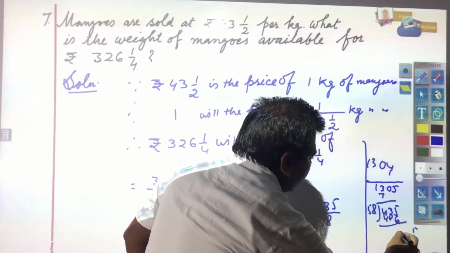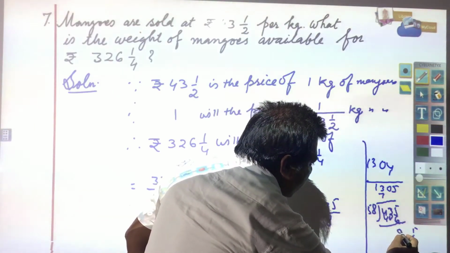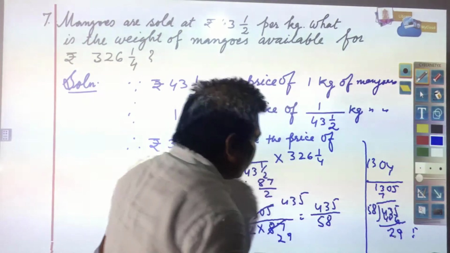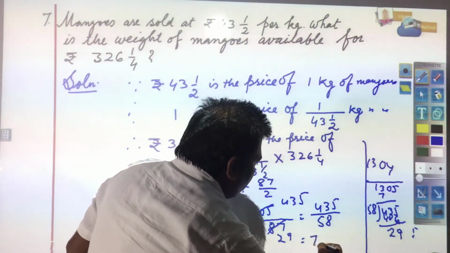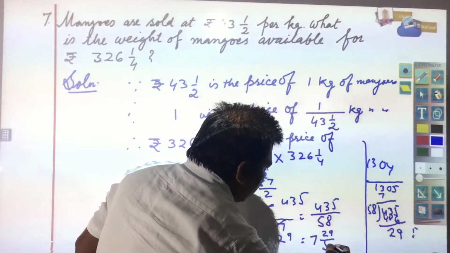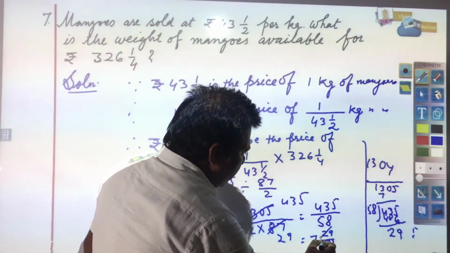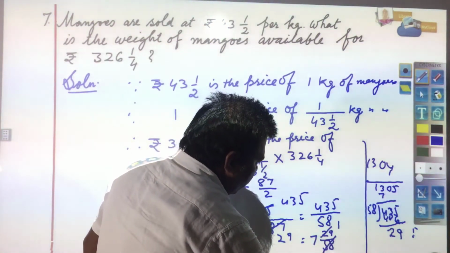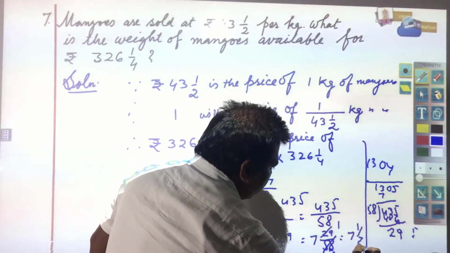So this will be 15 minus 6 is 9 and 2. So you will be left with 7 whole 29 by 58, or if you cancel this, you will get 21, 1 twenty-one and 22, 2 twenty-nines are 58. It means 7 whole 1 by 2.